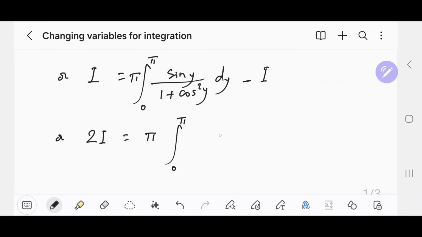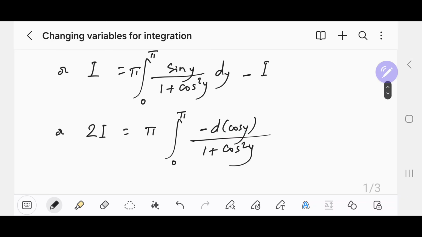of sine y dy, which can be written as minus d cos y, by 1 plus cos square y. Let's check this. Minus d cos y is sine y dy or not. Derivative of cos y is minus sine y, and then we are left with dy, and at the initial position there is another minus sign.